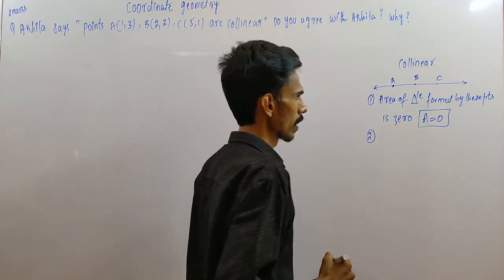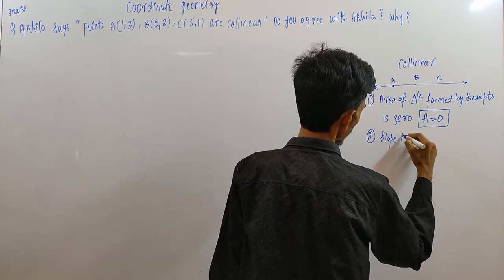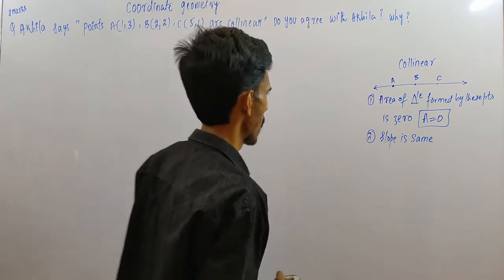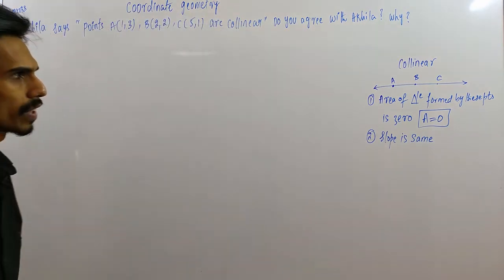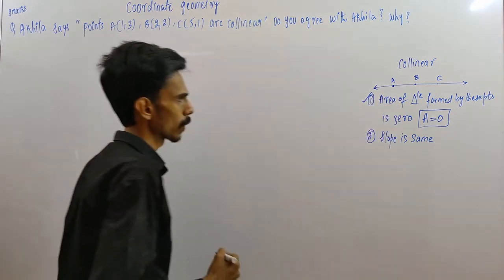Another conclusion is the slope will be the same everywhere. Now let us prove this collinearity by taking the first conclusion.